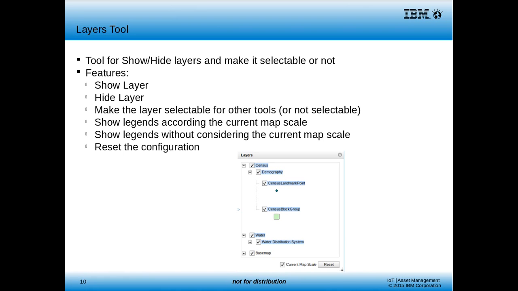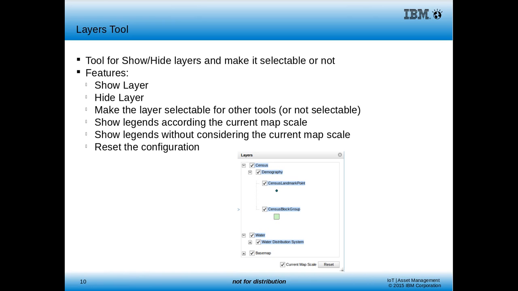For example, with the identify tool, when I click on some point, the identify tool will search for features at that point. If you make the layer not selectable, the identify tool will ignore that layer. When I cover the identify tool, I will show you how it works.